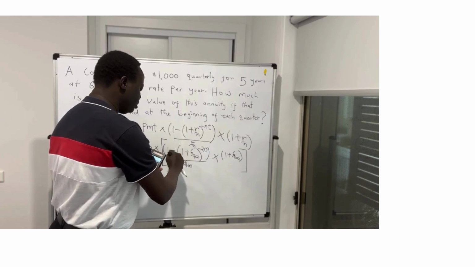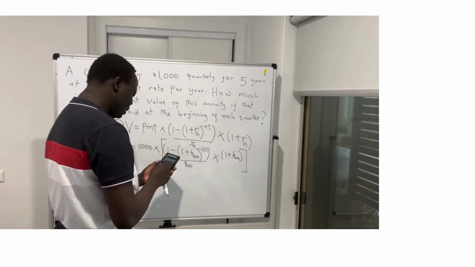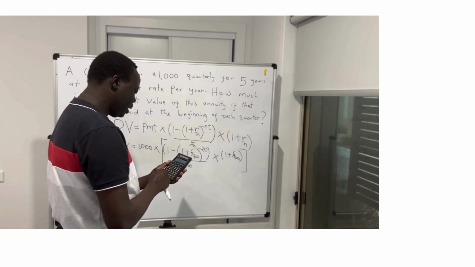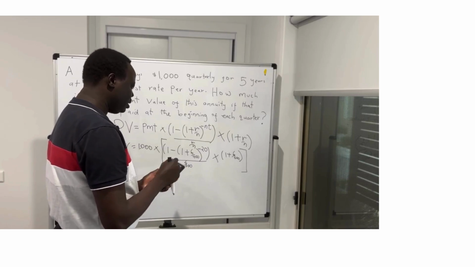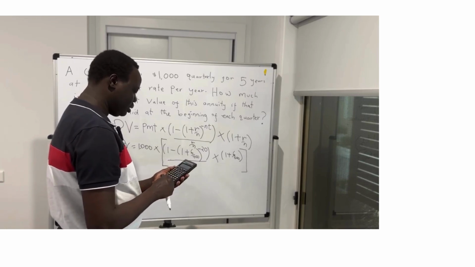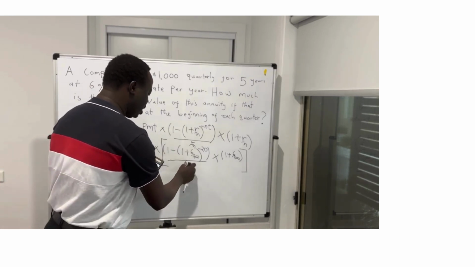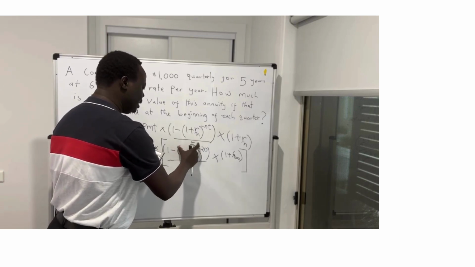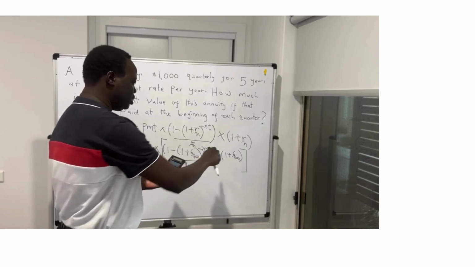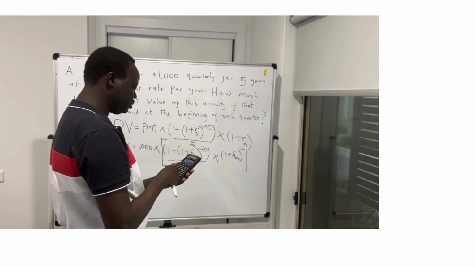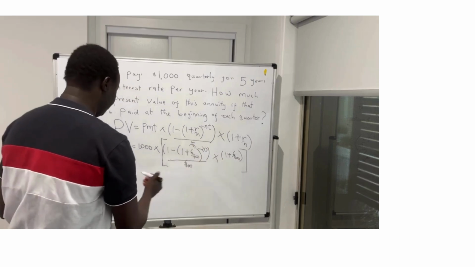Now you have this part, divide that by 6 divided by 400. So you got whatever you got after you divide this one by this, and then times that to include the other part. This part times that part.